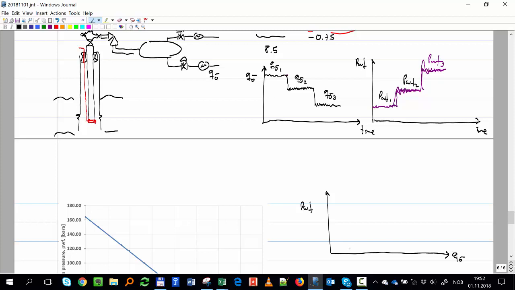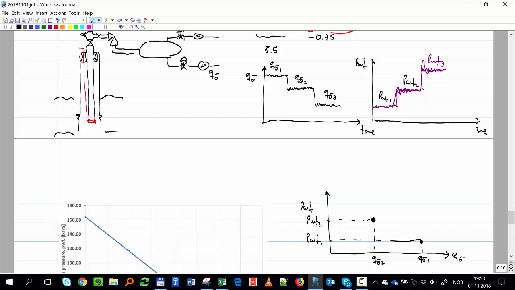If I plot the first point, where is it gonna be? It's a high rate and low PWF, QO1 and PWF1. The next point, let's say, is here, QO2, let's put it a bit lower, QO2 and PWF2.